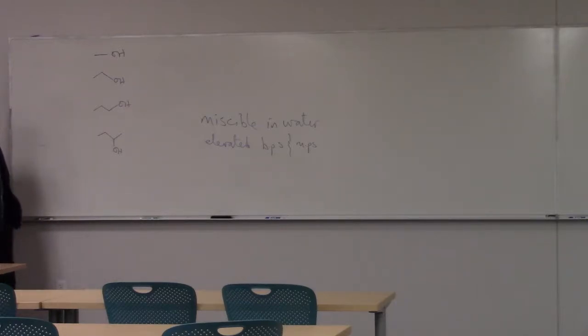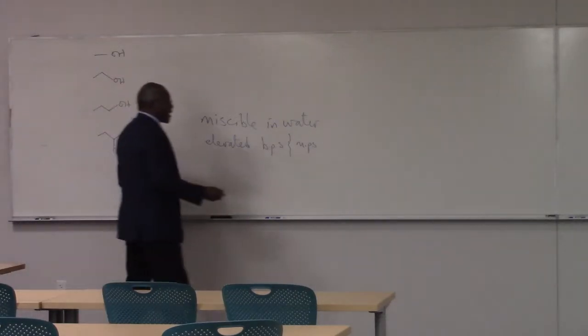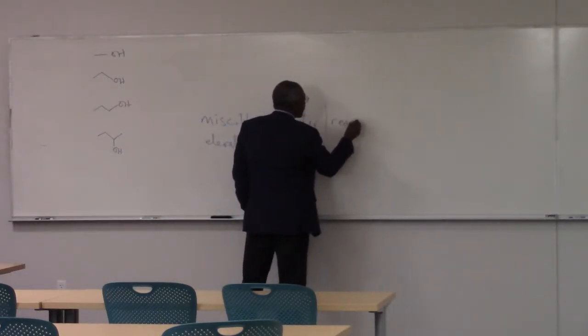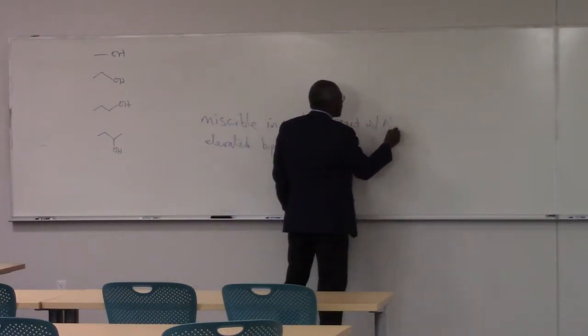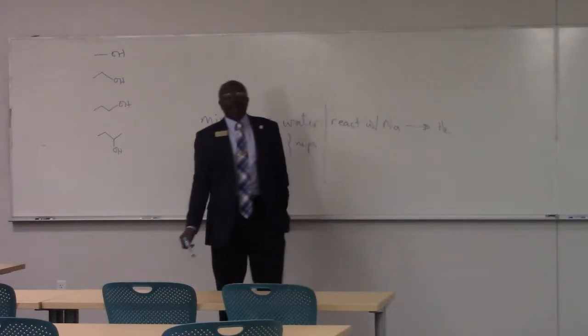I also find that all of them have certain chemical properties that are similar. For example, they will all react with, say, sodium metal, and they evolve hydrogen gas, and the reaction is actually kind of violent.